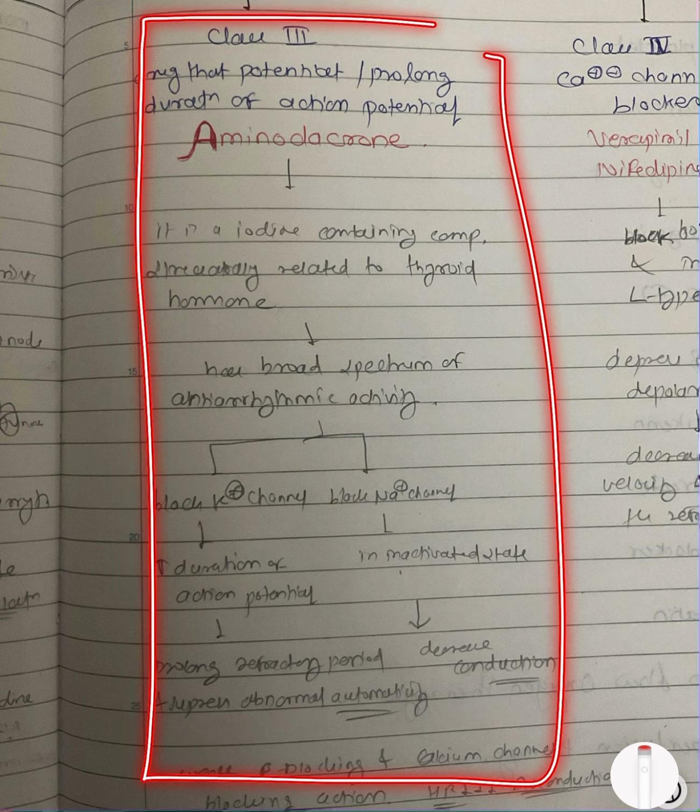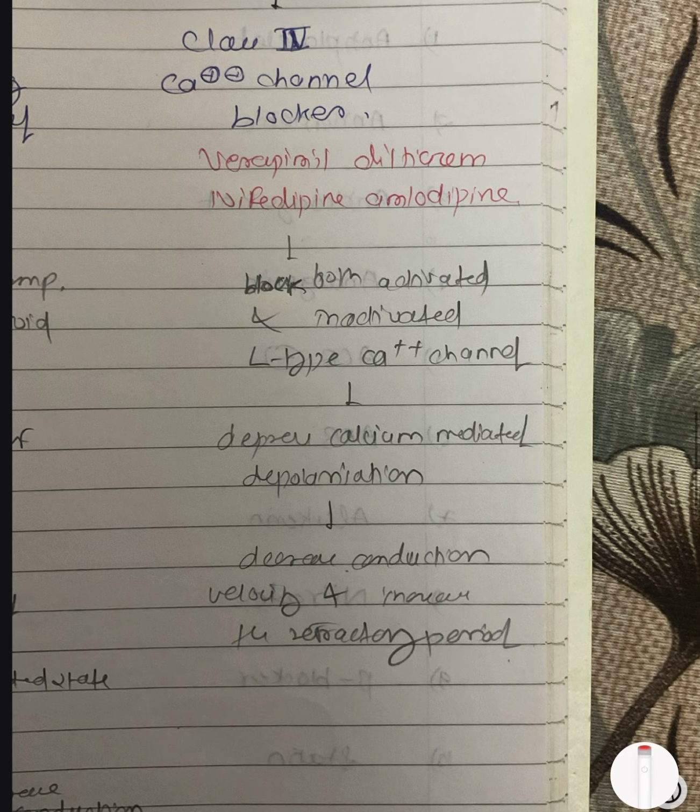Then we will come to class 4, that is calcium channel blocker. Examples are verapamil, diltiazem, nifedipine, and amlodipine. The mechanism of action of these calcium channel blockers is that they block both the activated as well as inactivated L type calcium channels. By blocking the L type calcium channel in both states, it will decrease the calcium mediated depolarization.